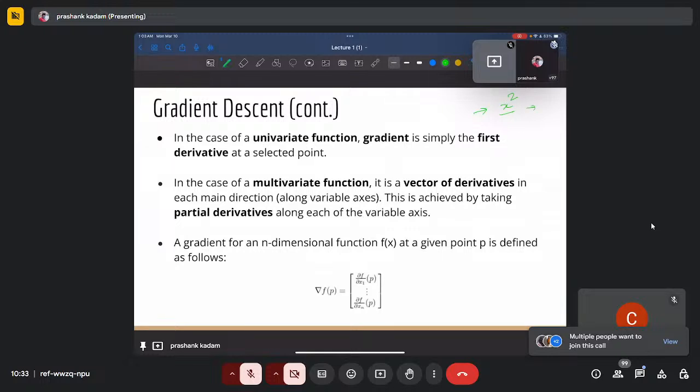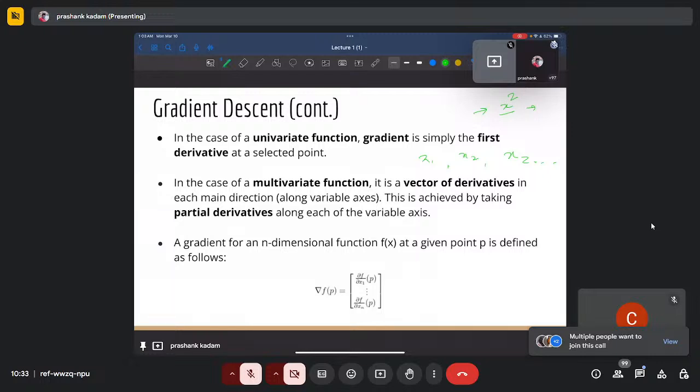Now, what if you have a multivariate function in which you have x1, x2, x3, and so on? You have a bunch of different variables. How do you optimize over this? Using linear algebra, you can calculate partial derivatives over each of these variables.